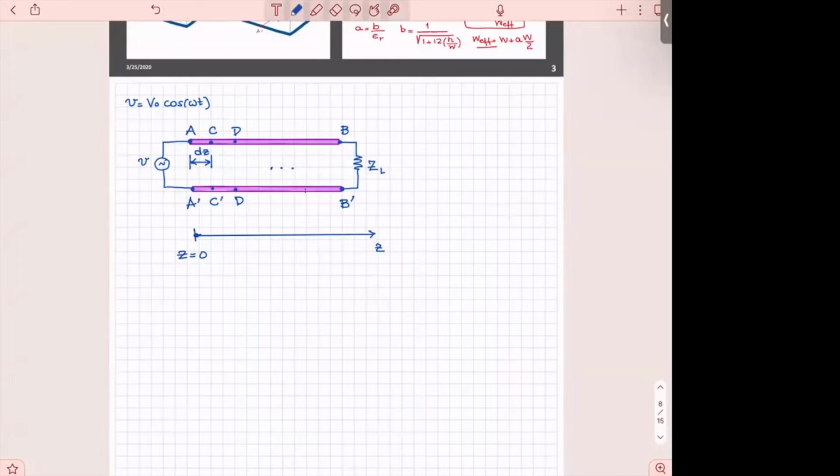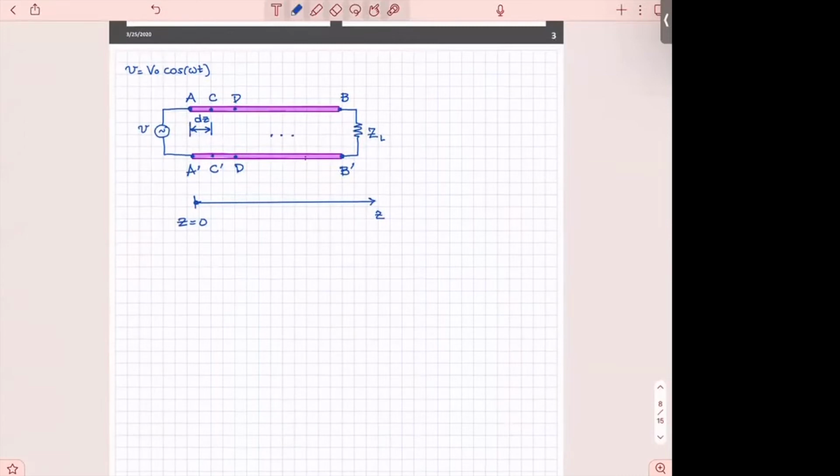So I have considered my line to be made out of small sections.